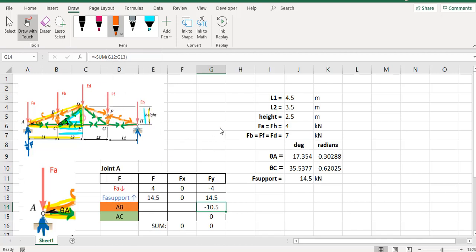So we have AB coming down in compression, and we know the Y component is going to be this -10. So then we can figure out what the X component is and what the total force is, because we know what this angle at A is.